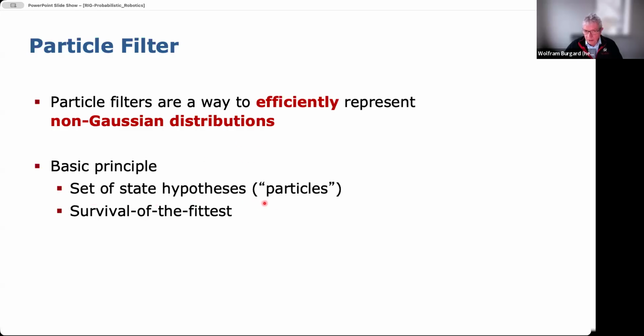It uses a set of hypotheses, we call those particles, in order to represent this function. The key idea is a so-called survival of the fittest scheme, to maintain those hypotheses that fit or have the most contribution to the representation.